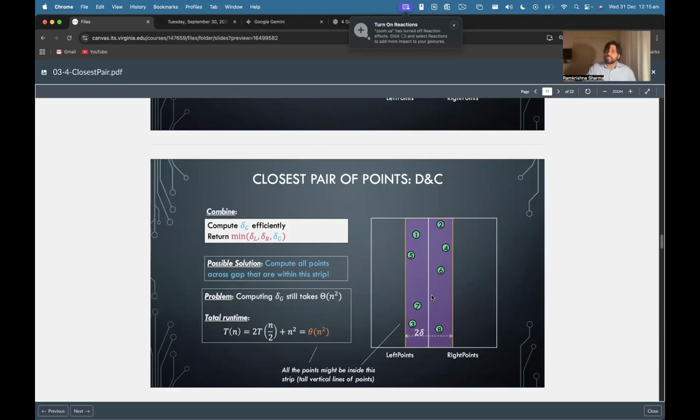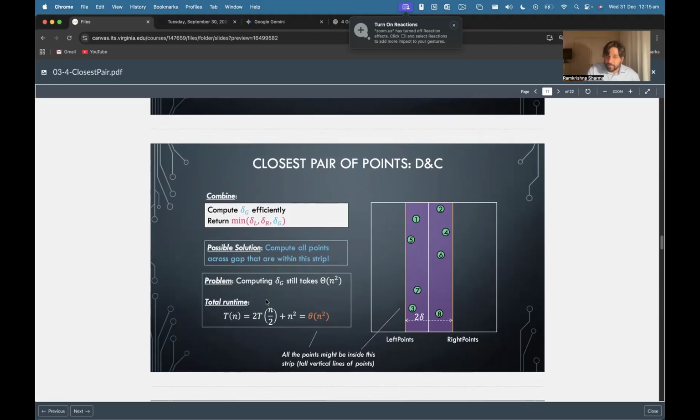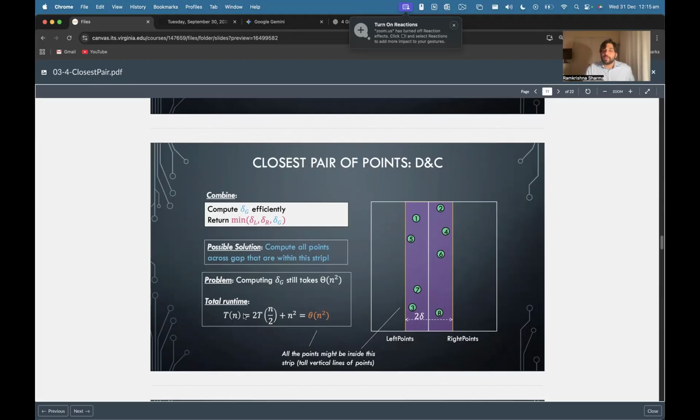And of course, since time complexity is concerned with what happens in the long run, this makes sense. So with our recurrence relation, we still have 2T(n/2) + n squared equals big theta of n squared, because if you use the master theorem, you'd have found that this results in big theta of n squared.